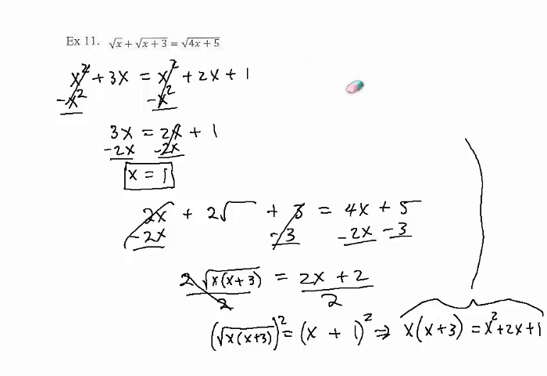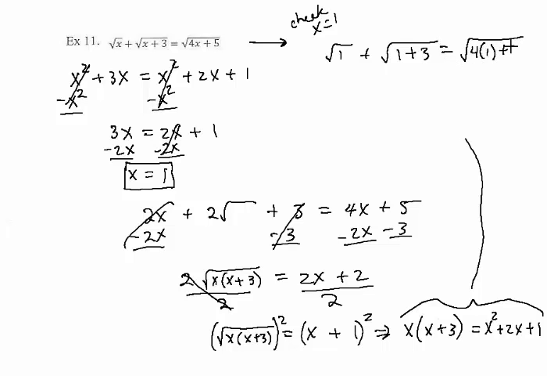We'll go and plug it into the original equation, check x equals 1. We get a square root of 1. We get a 1 plus 3 in the second radical, and the right hand side of the equation becomes the square root of 4 times 1 plus 5. Square root of 1 is 1. 1 plus 3 is 4, and the square root of 4 is 2.